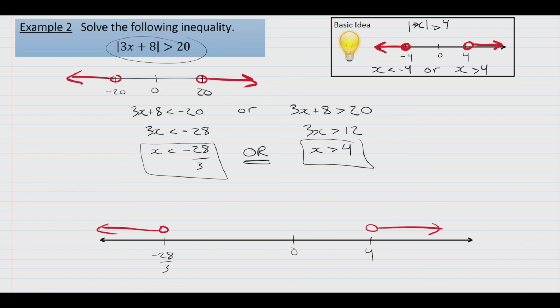And either or are acceptable. So in this question, the actual final answer is, therefore, x is less than negative 28 thirds, or x is greater than 4. Let's move on to example number 3, the final example.